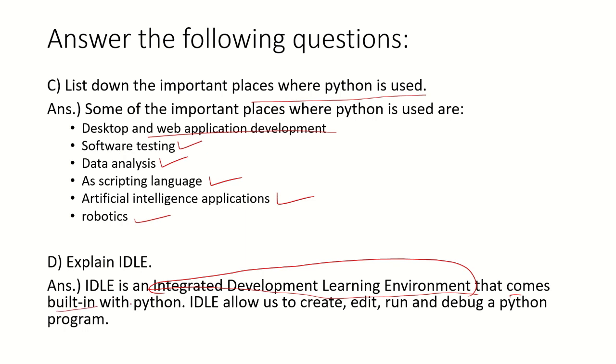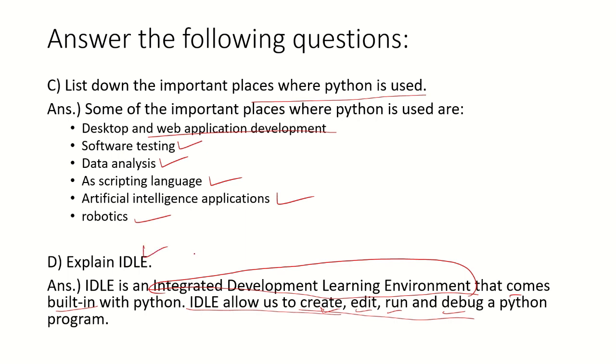What does it mean? When you install Python, IDLE comes with that installation. IDLE allows us to create, edit, run, and debug your Python program. So all of these features are included in IDLE. Is this clear to you all?